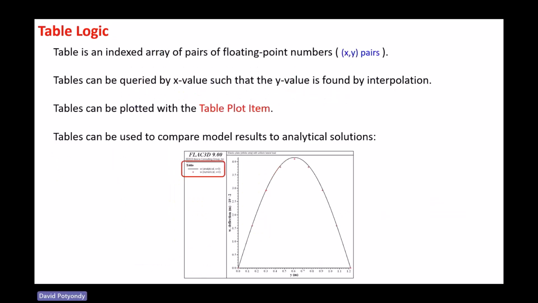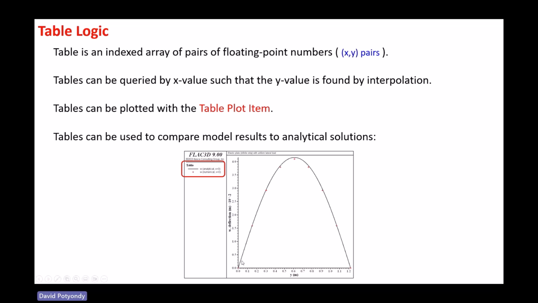Excellent. There's also what we call table logic. This is basically you can give it a set of XY pairs, and then if you want, you can query that. So for a given X value, it's going to interpolate to find the Y value. This can be plotted with the table plot item. So here, for example, in FLAC 3D, we have an analytical solution of deflection versus Y distance across a shell.